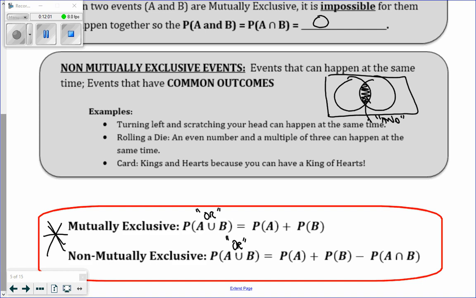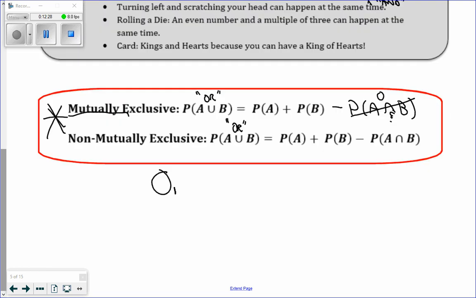The reason this one doesn't have this on it: if they are mutually exclusive, what is the value of the AND? 0. So they just left it off. To find the probability, you take the probability of A plus the probability of B minus the probability of both.